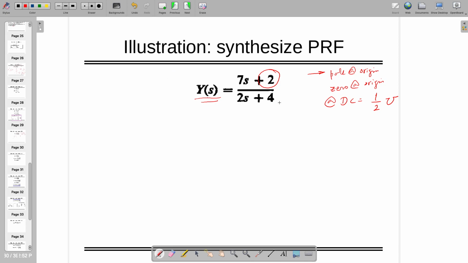In such situation, you have to keep this frequency component as 0. So that is going to give me 2 by 4, or you can say that 1 by 2, Y of j omega at omega equal to 0. Right? So at omega equal to 0, this is the case. What is the case in other frequencies? You need to find out that one. So can you give me that function?